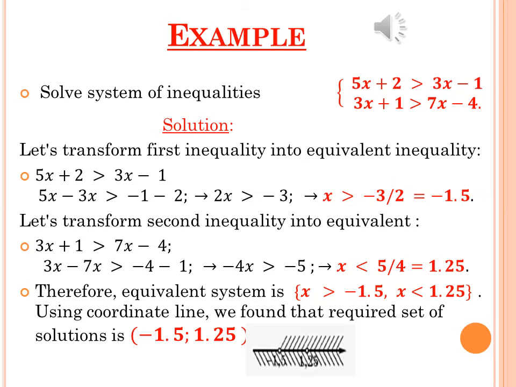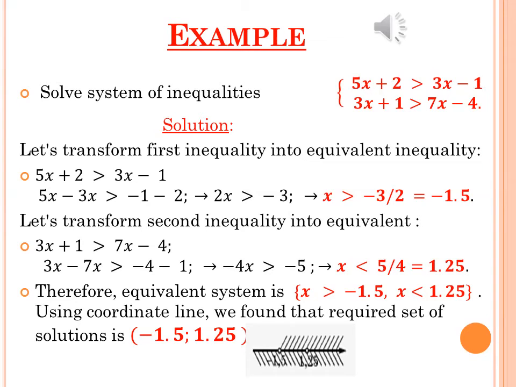So 2x greater than negative 3. Divide both sides by 2. So x greater than negative 3 over 2, meaning negative 1.5. This is the solution for the first inequality: x greater than negative 1.5.